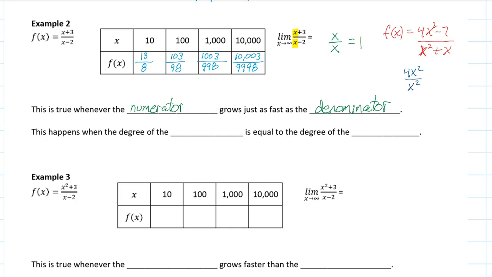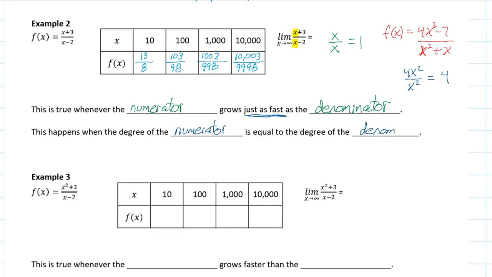So the x's grow at exactly the same rate. They grow just as fast as each other, but the 4 always remains on top, and so this would have a horizontal asymptote at y equals 4. This happens when the degree of the numerator is equal to the degree of the denominator.